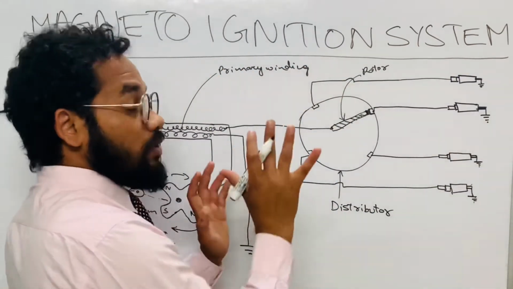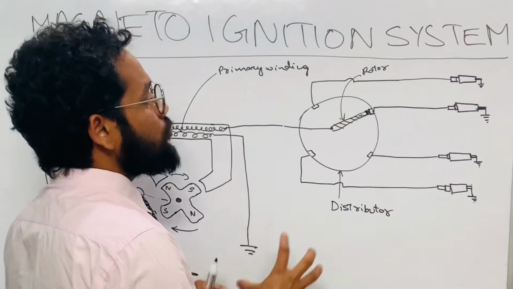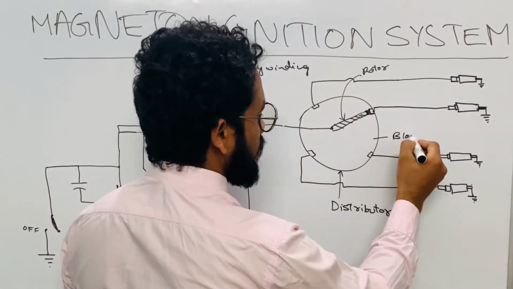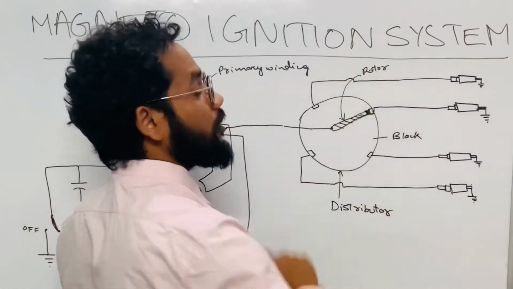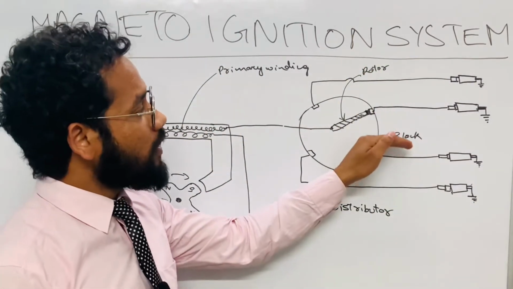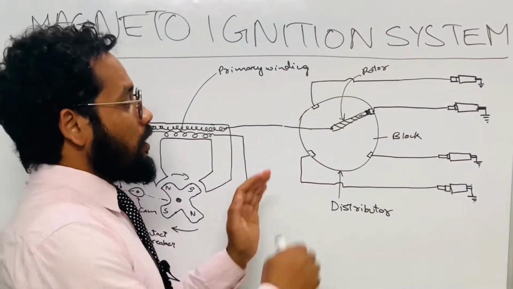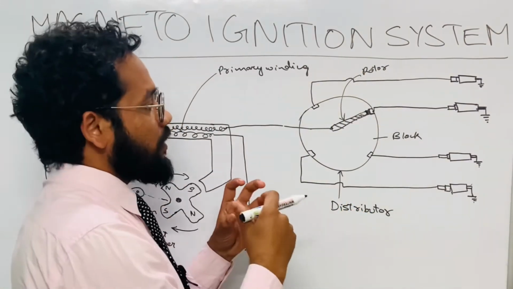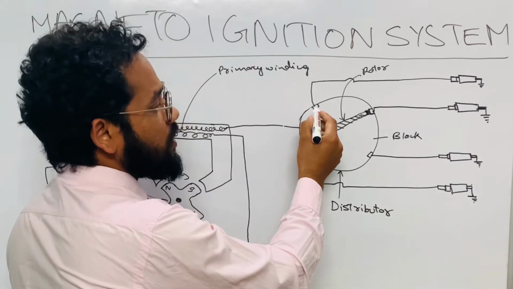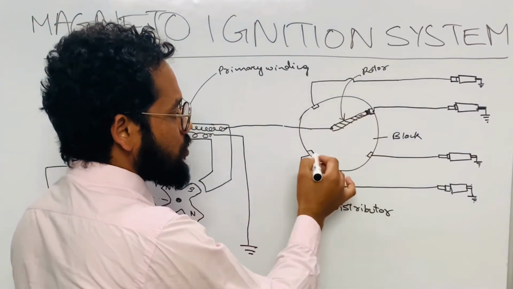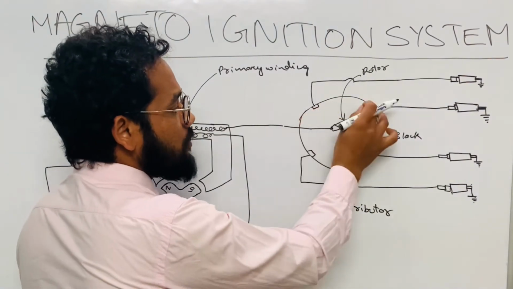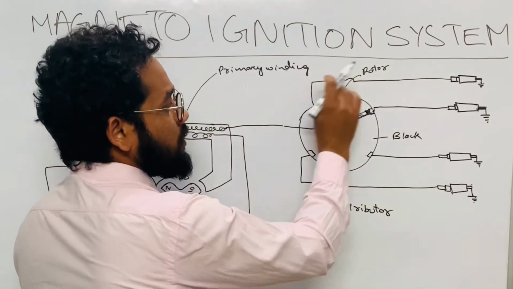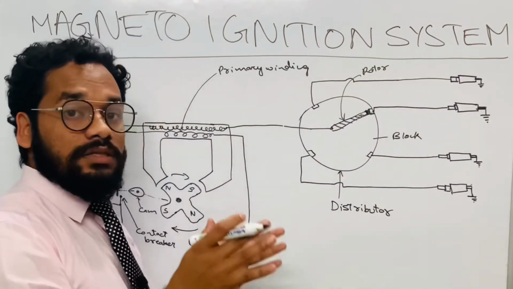So friends, what did we learn here about the distributor? The distributor consists of a block and a rotor. The block is in circular form, and it consists of conductive segments which are arranged circumferentially, in such a way that they are as per the firing order of the engine cylinders.